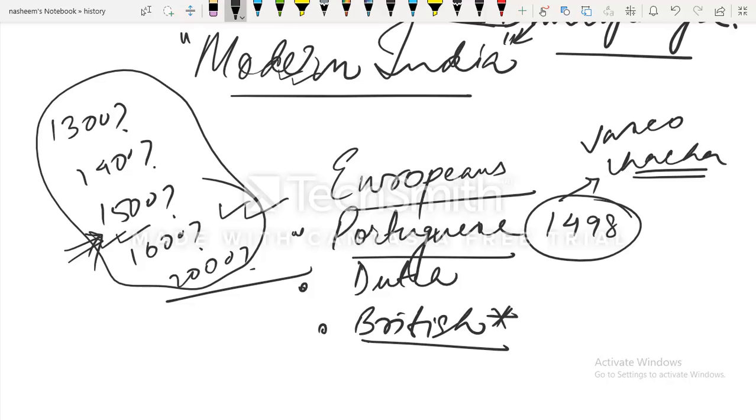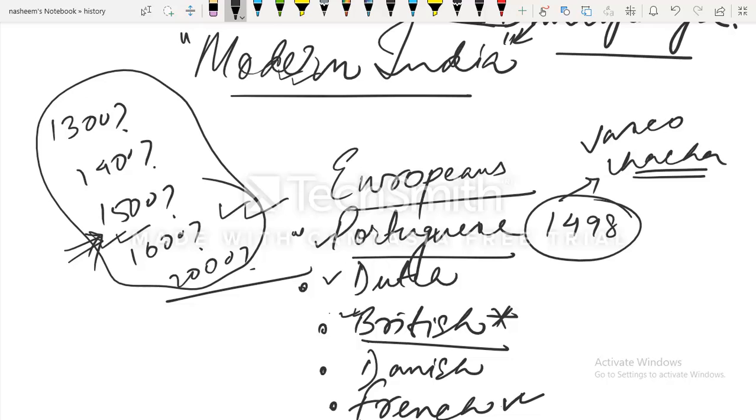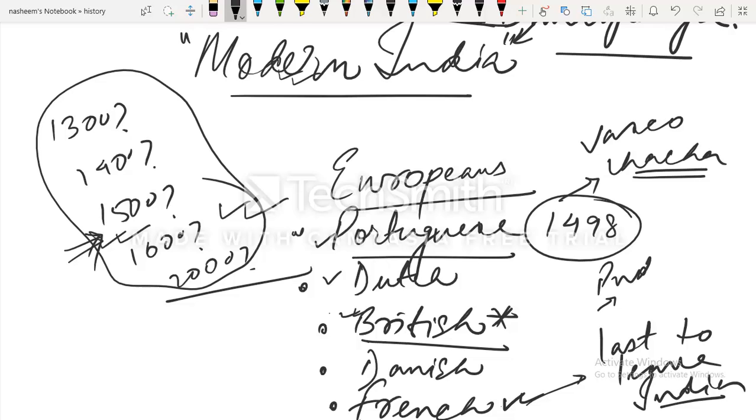Look at it. Portuguese आ गया, Dutch आ गया, लेकिन सल्तनत बना तो ब्रिटिश सल्तनत बना. This is very important. This is how efficient they were. Then उनके बाद Danish आए, and to end with the French. And mind you, the French were the last to come and also the last to leave India. That's okay? We have Puducherry.